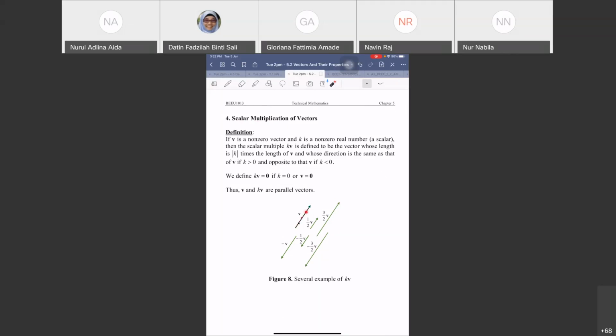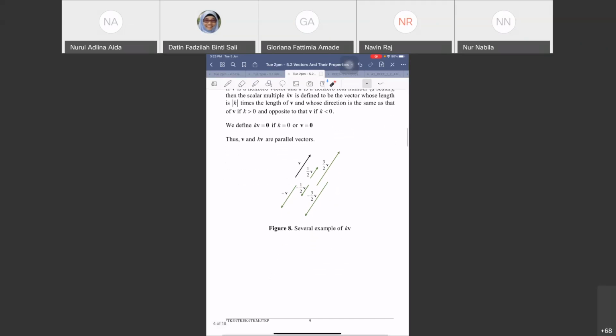Half times V means half of the length, so that is half V. Or you can have 3/2 times V, so it will be more than 1: if this is 1, 3/2 is this length. Or you can multiply by a negative number, -1. If you have a negative, it means it's going in the opposite direction. So this is what it means by scalar multiplication: you have a number times a vector. That is what we call scalar.